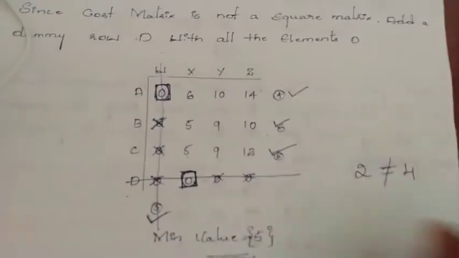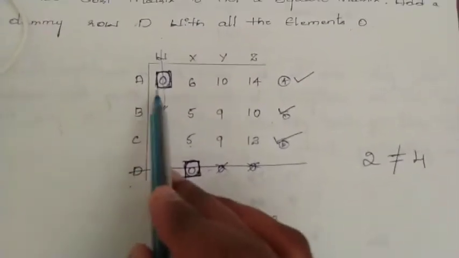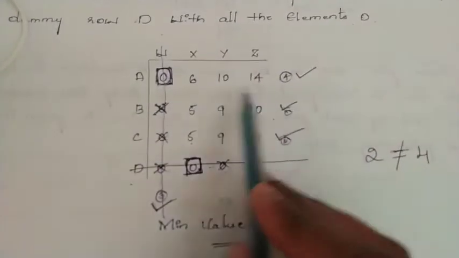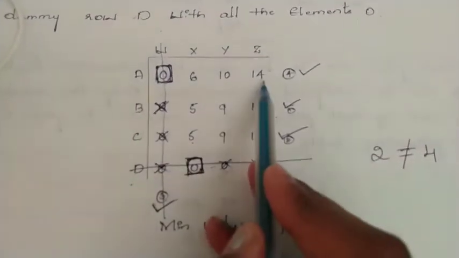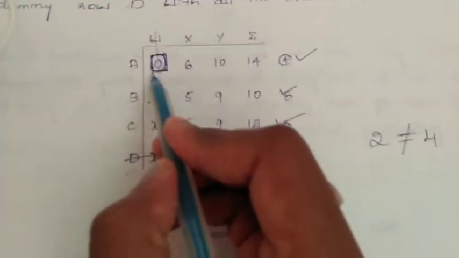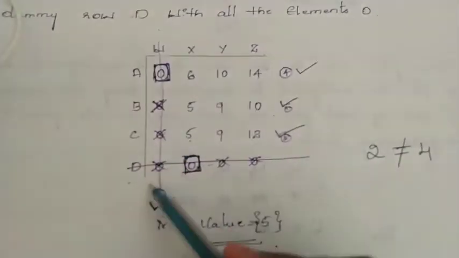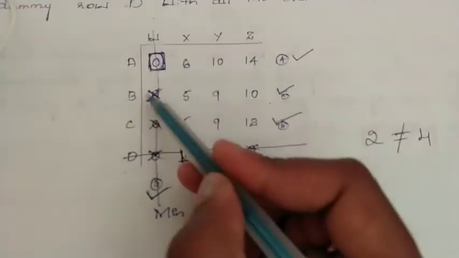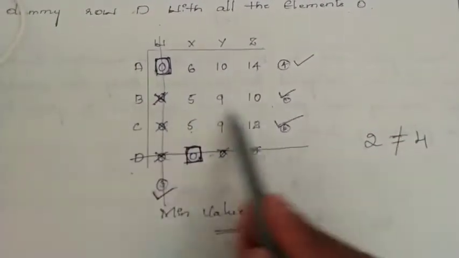Now, in order to do the assignment, first we will look at the first row. In the first row, just ensure whether there is a single 0 or not. As there is a single 0 in this, we are going to do the assignment for this. Whatever number of zeros are there in this particular column, all will be cancelled by marking them with cross lines. Next come to the second row.